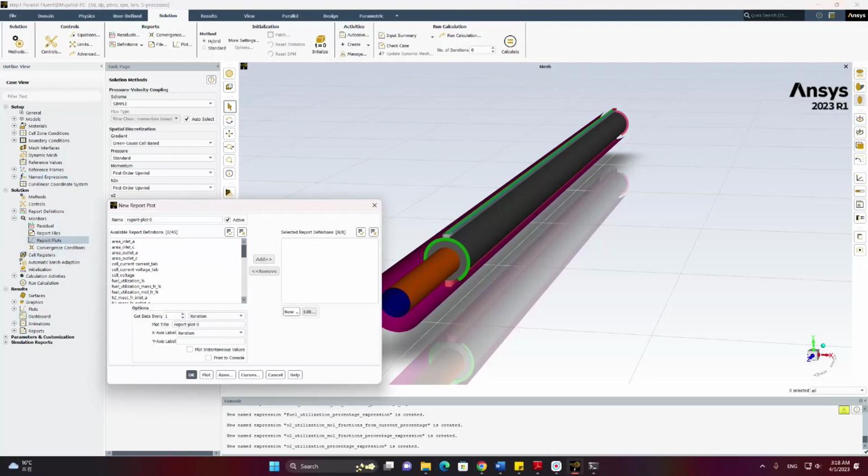The first report plot is H2 and O2 utilization, percentage, and we want to select fuel utilization mole fraction and air utilization. The plot title should be H2 air utilization.